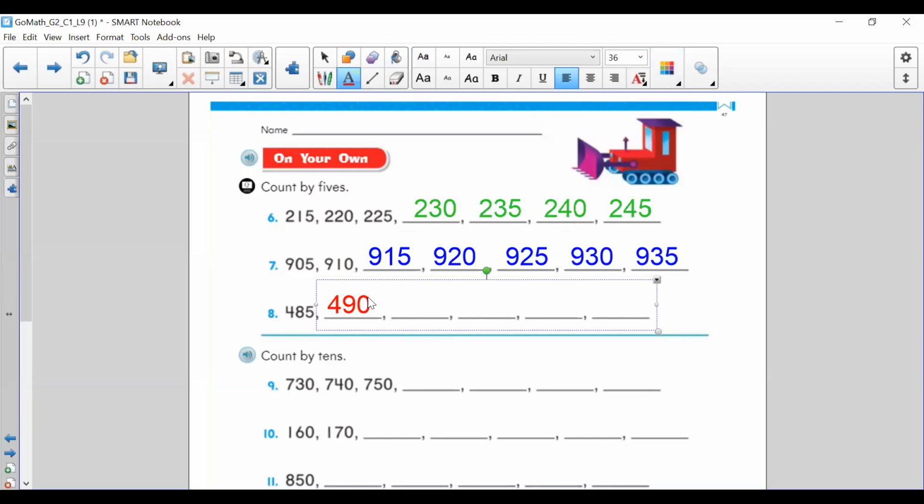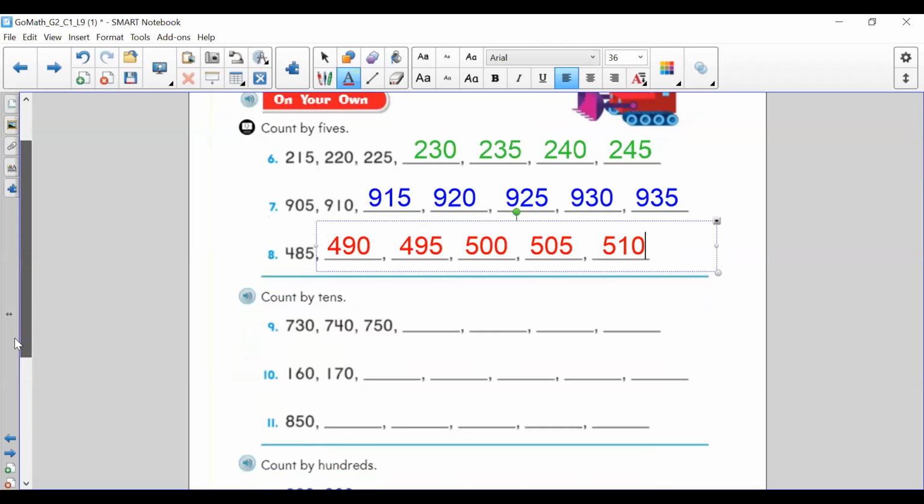So 490, add 5, 495. Ooh, but when you add 5 to 495, you will get to 500. So that's a tricky one. And then 505 and 510. And those will be our answers.